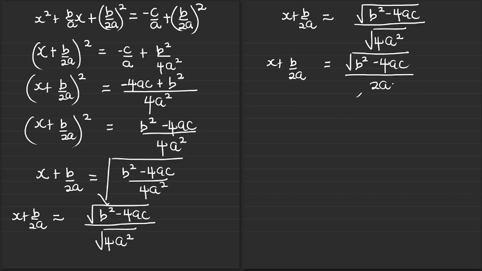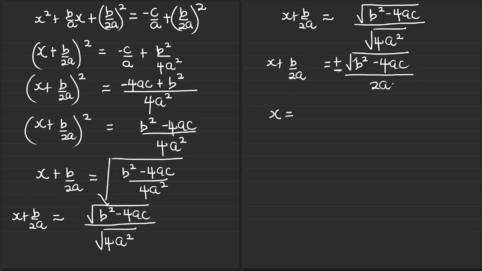Now take note, since it is square root we are looking for, then we are going to work with two values. That is the positive and then the negative. So with that said, let's quickly bring this to the right hand side so that it becomes x is equal to, it is positive over here.